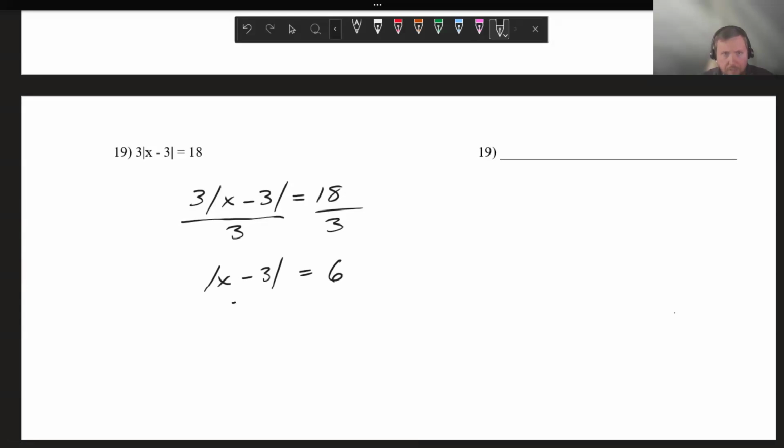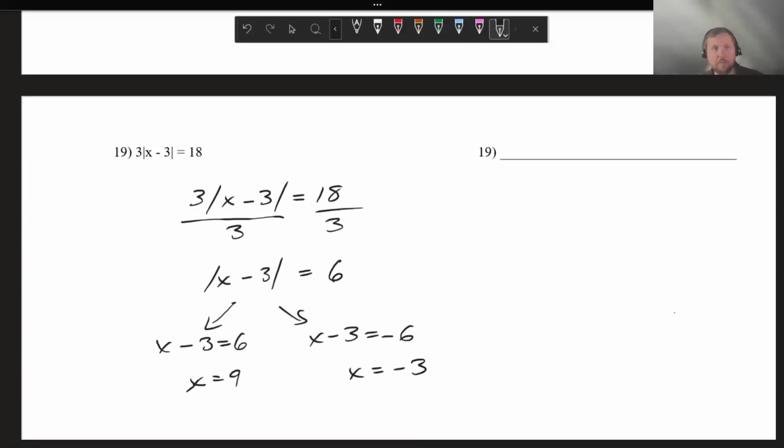So then I can rewrite this as x minus 3 equals 6 and x minus 3 equals negative 6. So then I get x is equal to 9 and x is equal to negative 3. Okay, and I'll leave checking this one as an exercise for you.